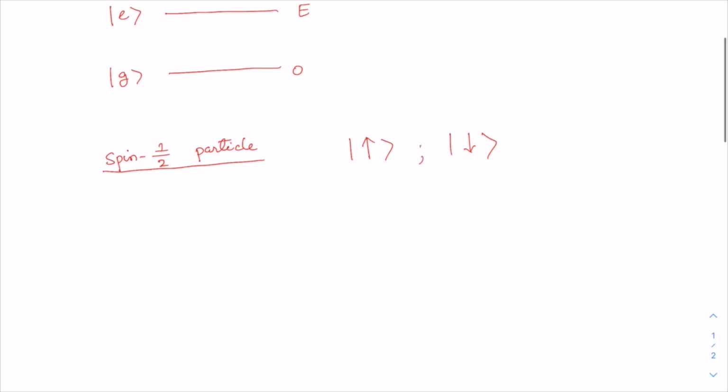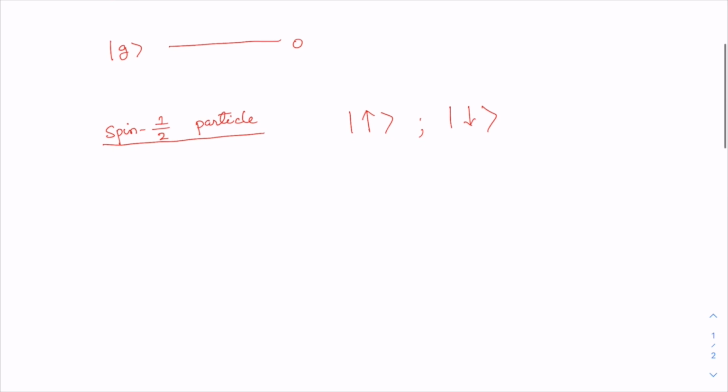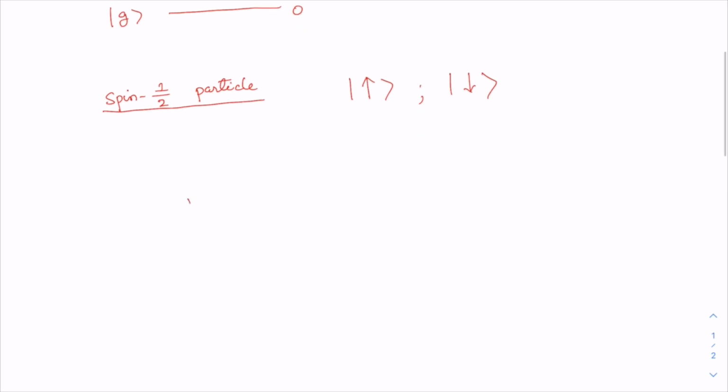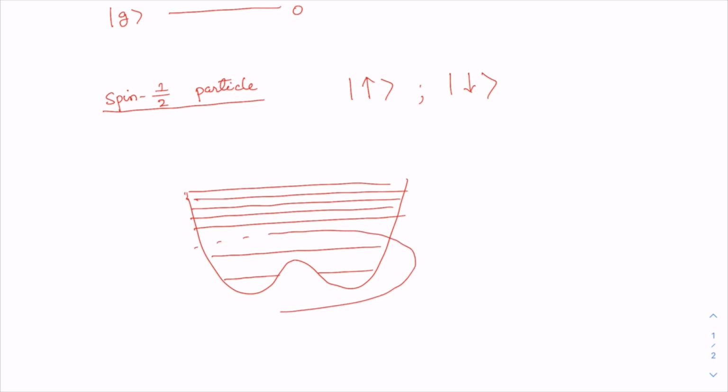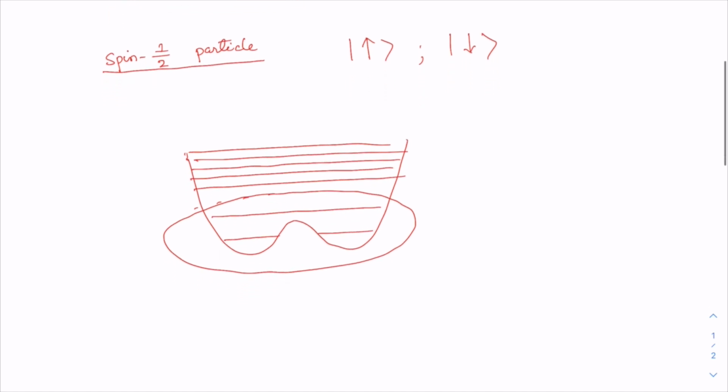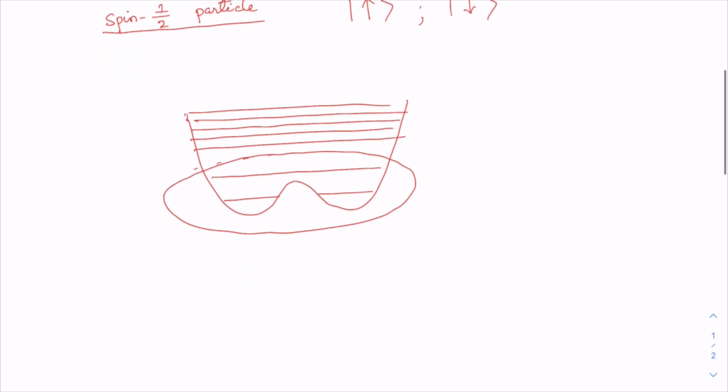And even in the so-called double well potential, if the two low-lying energy levels are well separated from the higher energy levels, we can ignore all these higher energy levels and focus only on the two low-lying states, and we can treat this system as a two-level atom or two-level system.